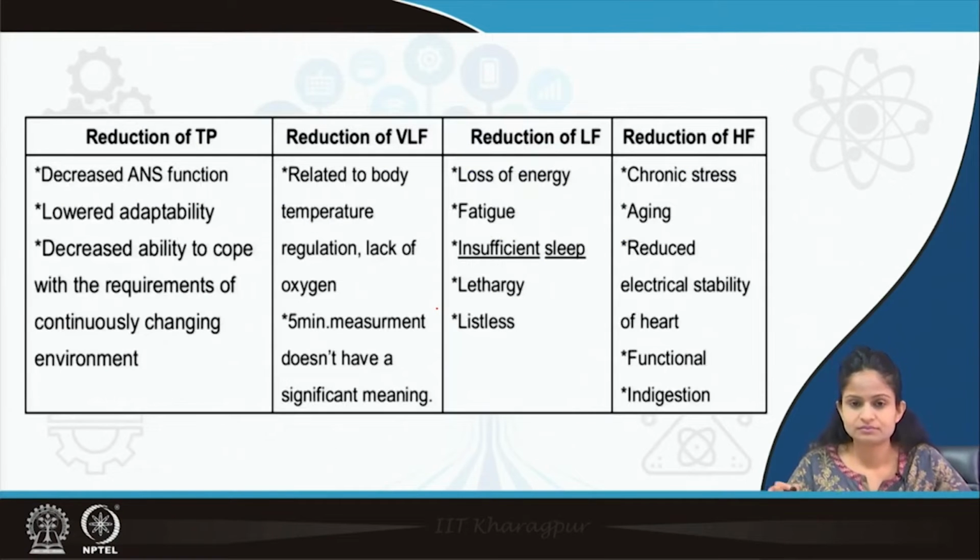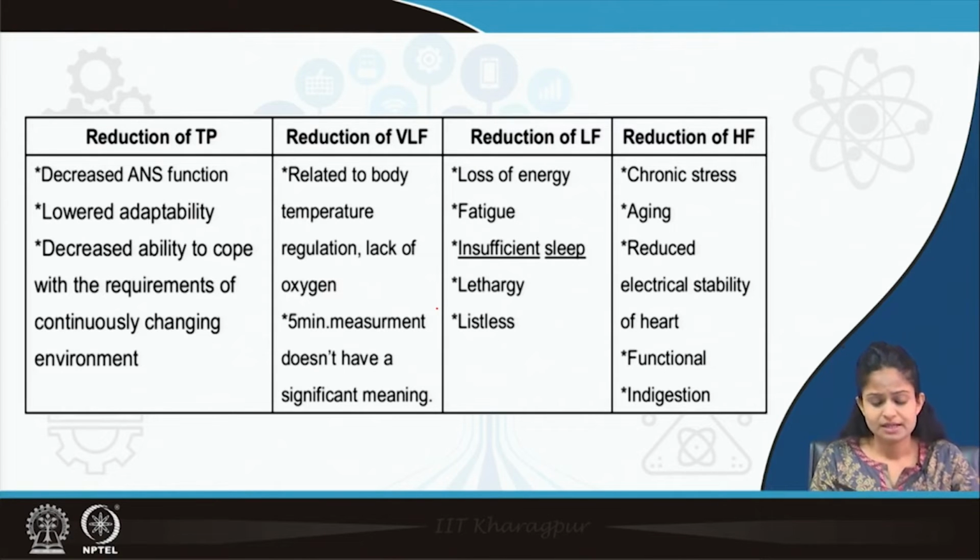So, when this power gets reduced or abnormal, reduction of total power, as we had seen, whenever the autonomic nervous system is disturbed or decreased, the heart has lower adaptability and is not able to adapt to the stressor. There is decreased ability to cope with the requirements of the continuously changing environment.